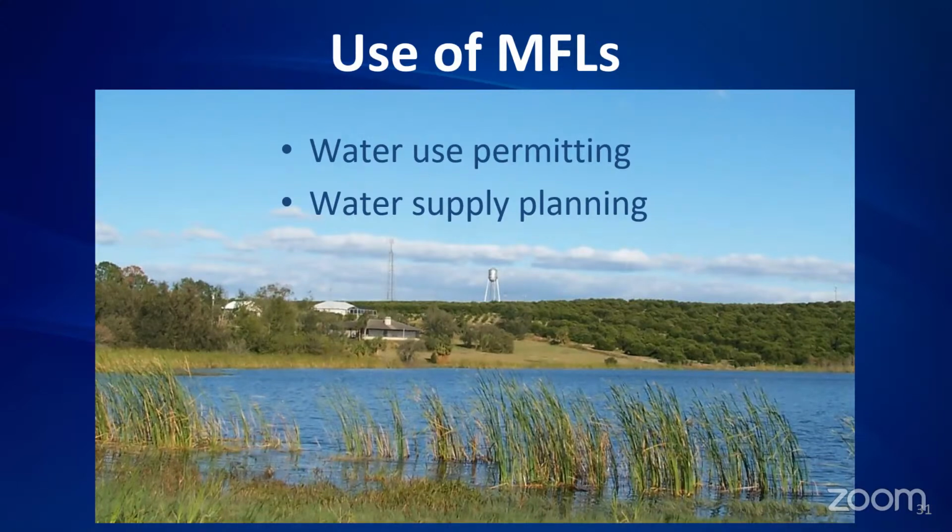Minimum flows and levels are important considerations in water use permitting decisions, not the only criteria evaluated for those decisions, but important tools. And they're especially important for water supply planning. They're integrated into each of the water management districts' regional water supply plans, including this CFWI 2025 planning update.